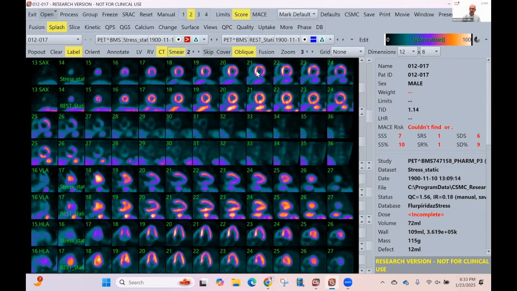If you're injecting a low dose for rest ammonia and a high dose for the stress ammonia, then the ratio will be slightly different. And I suspect what Panithia is saying will be similar here with Flurpiridaz, where we're injecting a low dose and then a high dose for stress. But more to be determined.